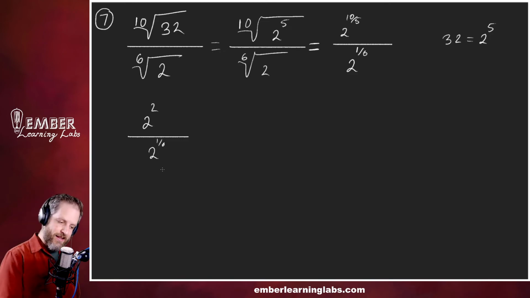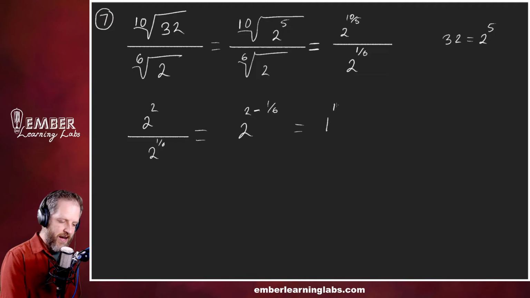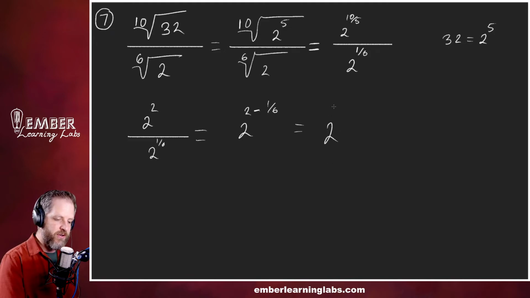We subtract them, right? So this turns into 2 to the 2 minus 1/6, which turns into 1 and 5/6.